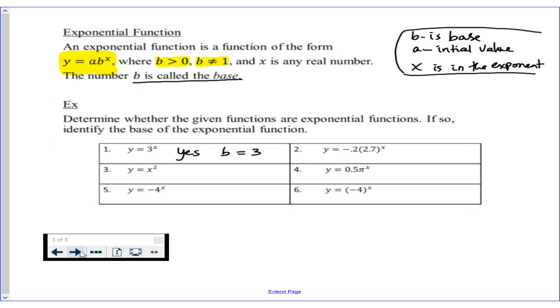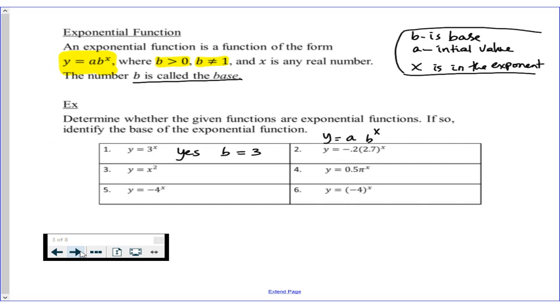So if you see this expression and compare it to y equals a times b to the power of x, what do you think b is? What is b? What is a? Just look at the equation and the general form of the equation, which is a times b to the power of x.